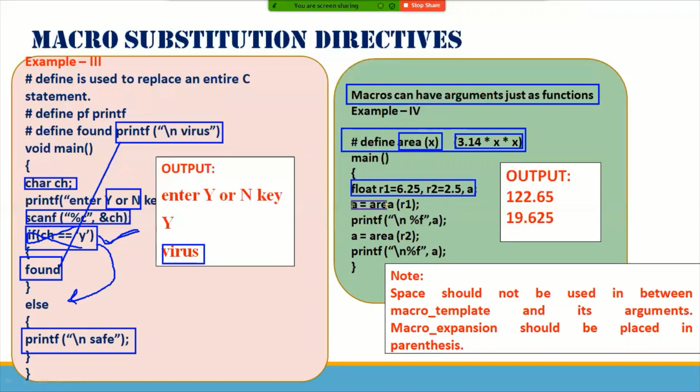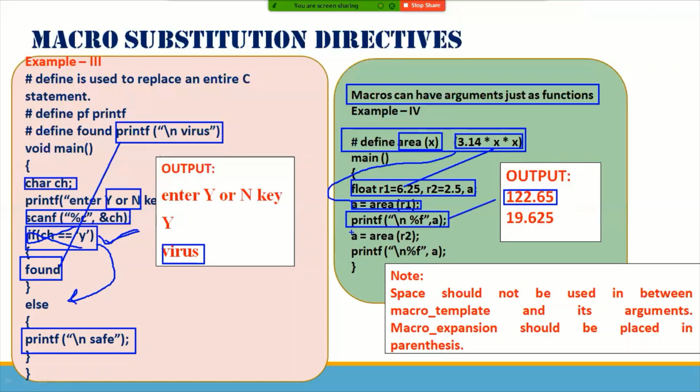Area A is equal to AREA of R1. What is R1? 6.25 will be substituted in place of x, giving 6.25 into 6.25 into 3.14, and the whole value will be assigned to this A. With the help of the printf statement, that value can be displayed. The result of this printf statement is 122.5.